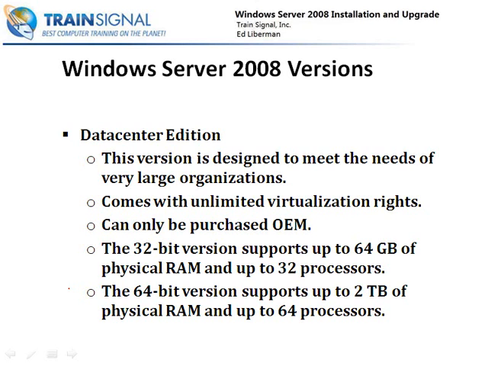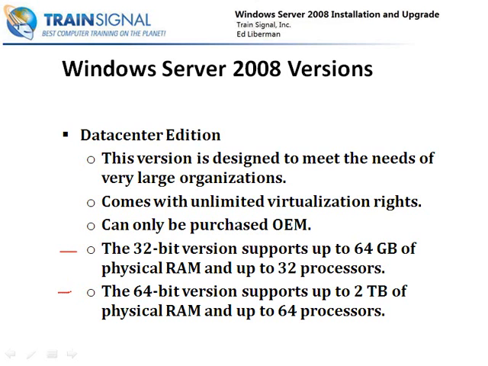Now, speaking of large organizational needs, check this out. The 32-bit version, even that old 32-bit version, supports up to 64 gigabytes of physical RAM and up to 32 processors. With today's processors, if you picture processors that are functioning at 2, 3, 4 gigahertz, and you multiply that by 32, imagine the power you would have in this machine.